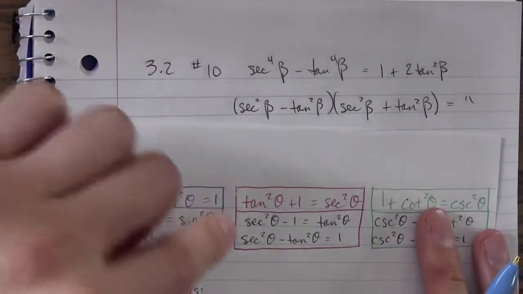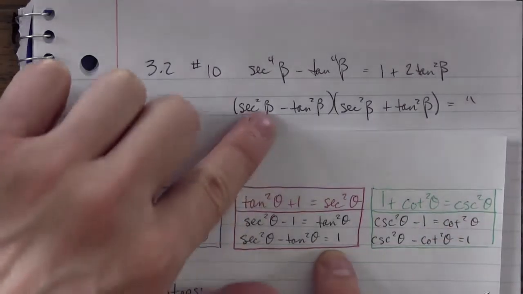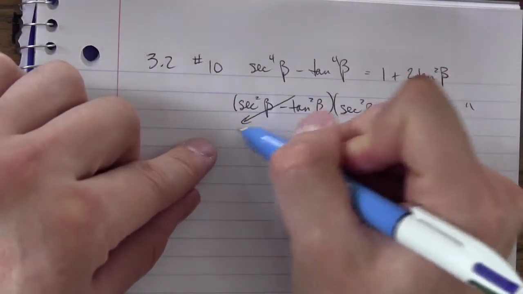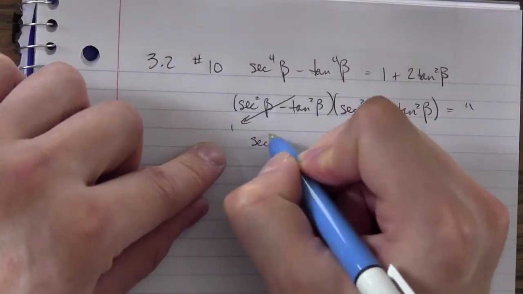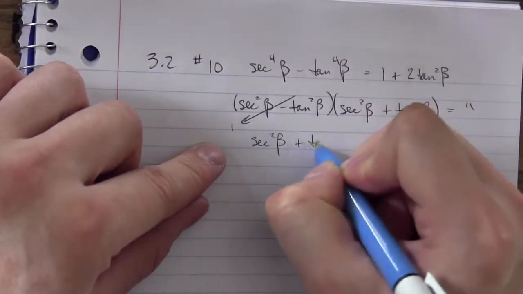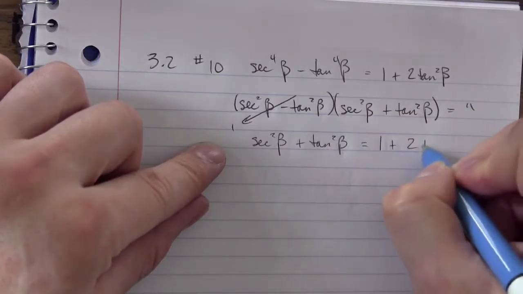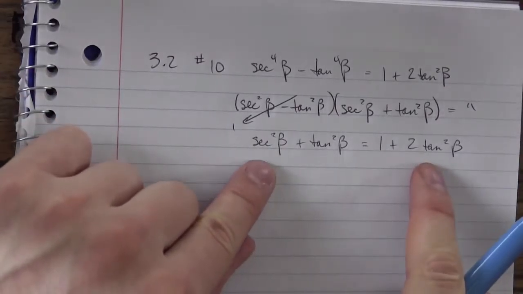If we look at our trig identities, we can see that secant squared minus tangent squared equals 1, so we're going to replace that term with 1. What that leaves us with is secant squared beta plus tangent squared beta, which equals 1 plus 2 tangent squared beta. So we're actually almost there already.